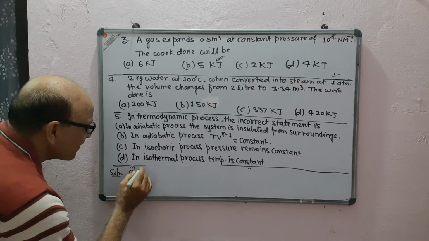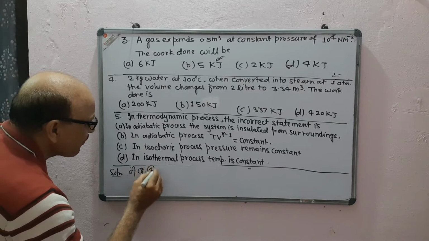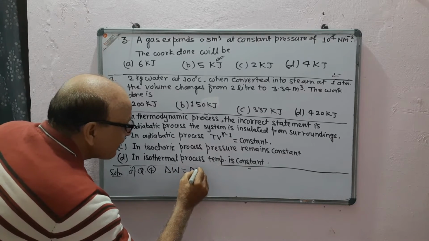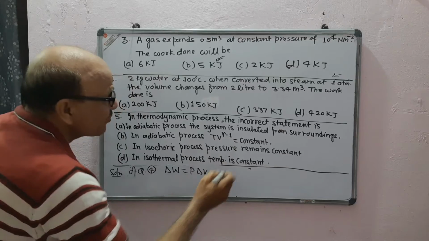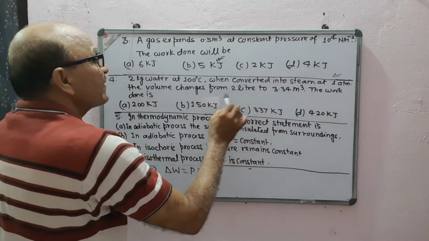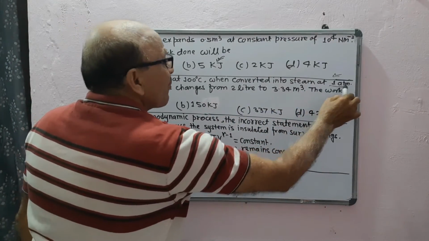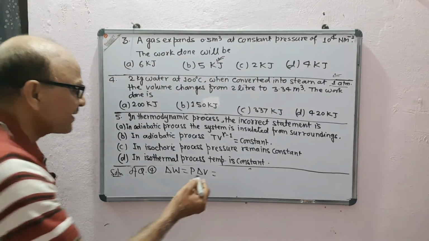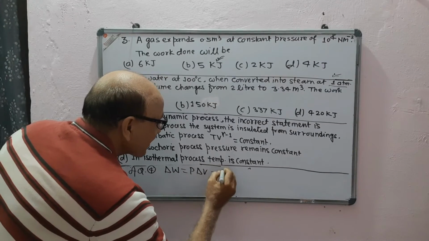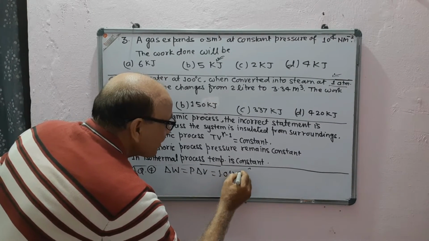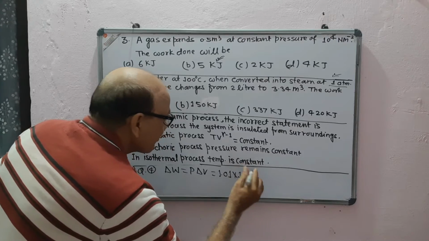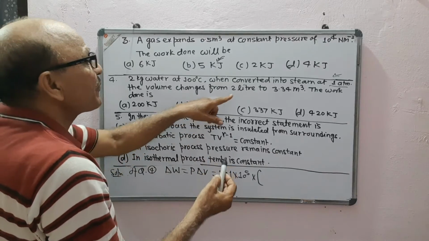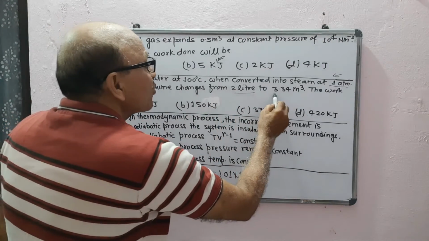Solution of question 4. Delta W will be equal to P delta V. P is 1 atmosphere, which means 1.01 into 10 to the power 5 Newton per meter square. So 1.01 into 10 to the power 5 Newton per meter square into (V2 minus V1). V1 is 2 liters and V2 is this much.